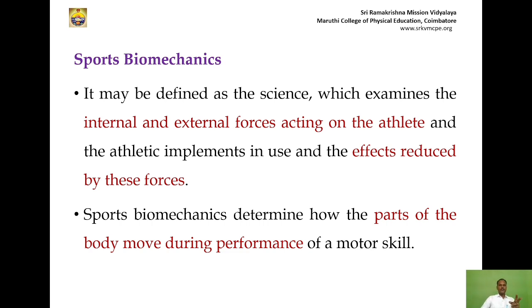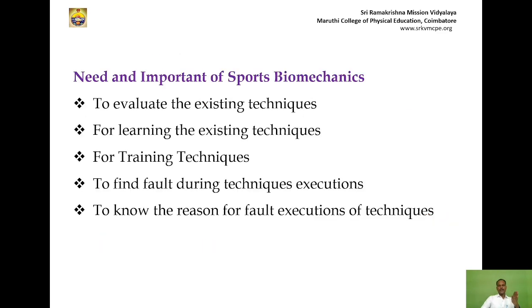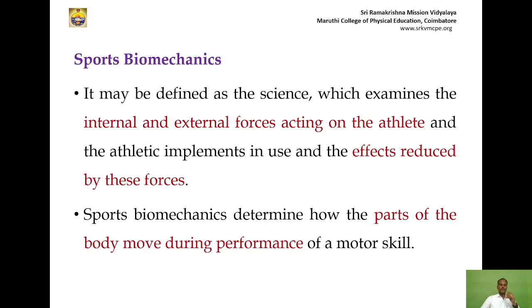So sports biomechanics deals purely with the athlete or the athletic implements. And sports biomechanics determines how the parts of the body move during the performance of a motor skill. So this is also very important.